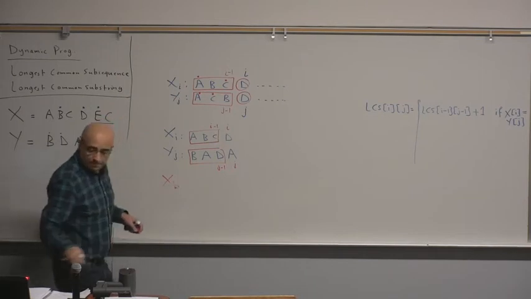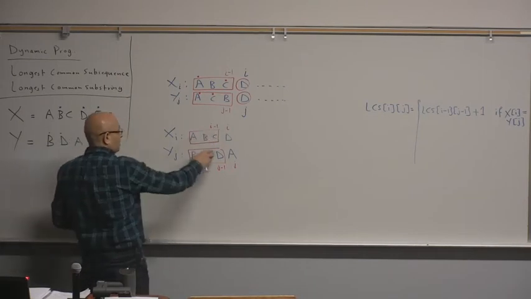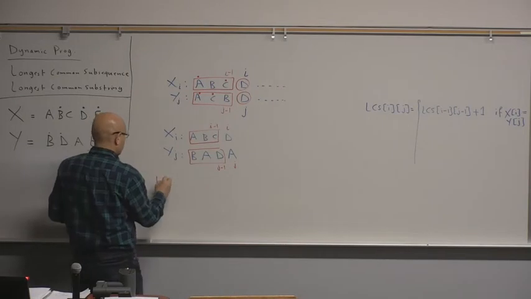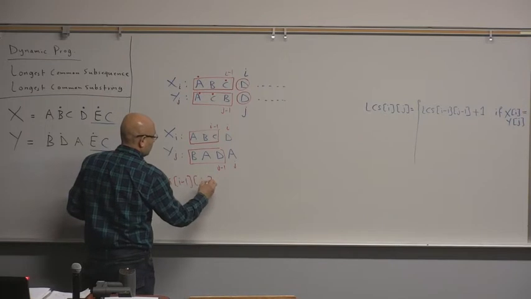Is it going to be just the solution to this subproblem, the longest common subsequence of I minus 1, J minus 1?